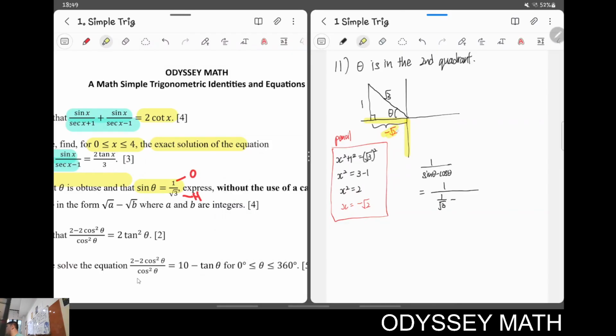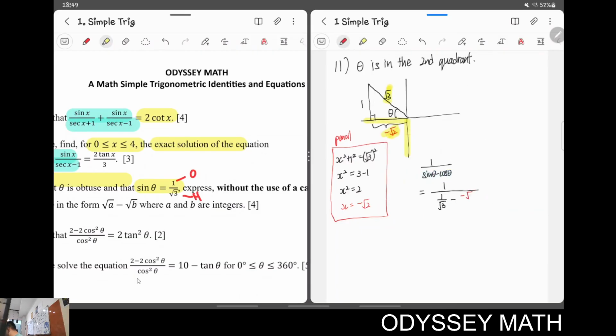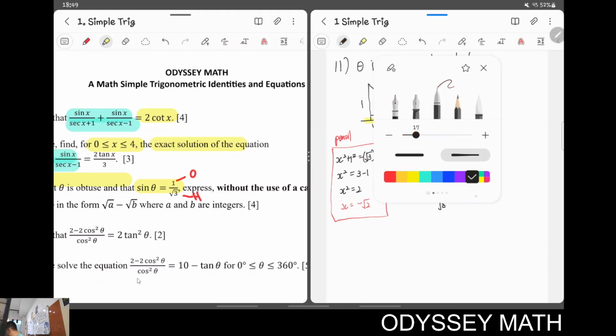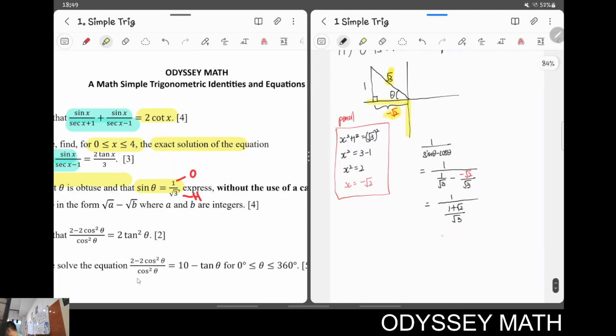Look here, A over H, which is, I'll write in red for your convenience, minus square root 2 over square root 3. So this is 1 over 1 minus square root 2 over square root 3. Okay, and we have square root 3 over 1 minus square root 2.